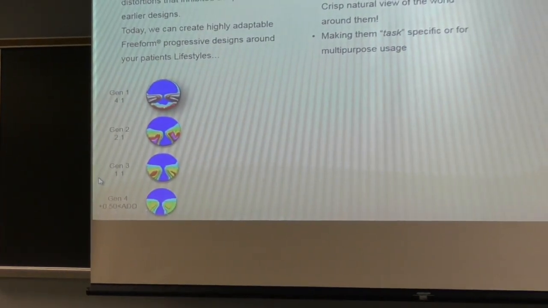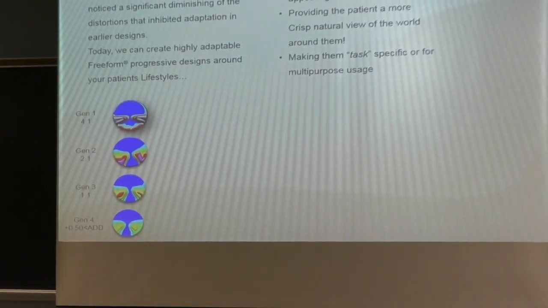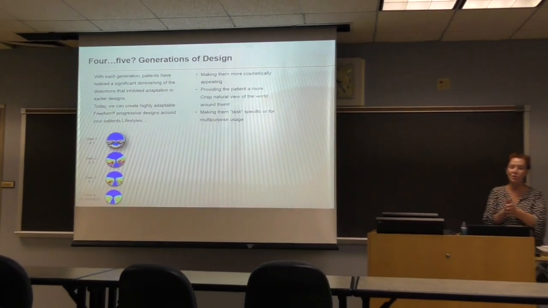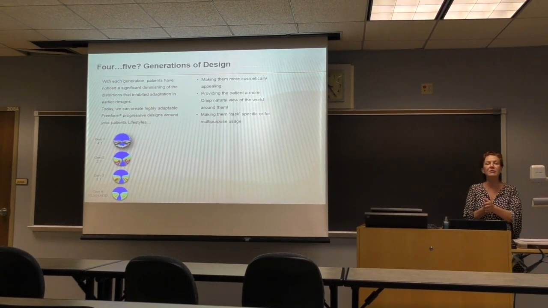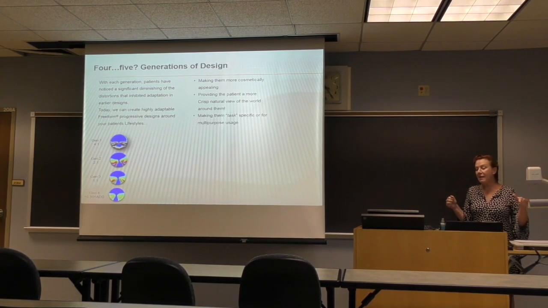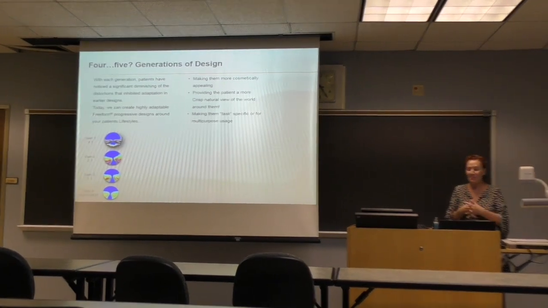Then, years later, the next generation came out, which is very exciting, generation 3, which is a 1:1 ratio. Here's what that means. Based on the same example, a +6 base curve with a plano +2 add, the amount of aberration or distortion out here in the periphery would be equal to the add power.